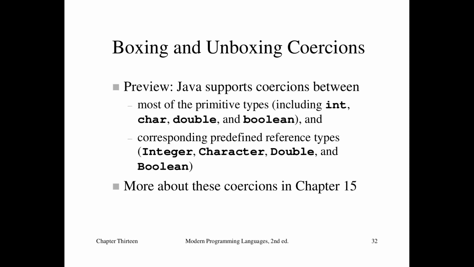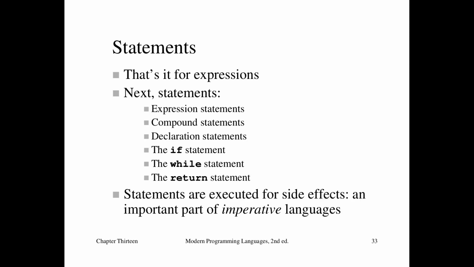It'll automatically convert it to an Integer for you. And then when you go to do typical primitive operations, like mathematical operations, it will automatically unbox them back down to the primitive type. So that's the Java runtime working for us, and we'll talk more about that in chapter 15.